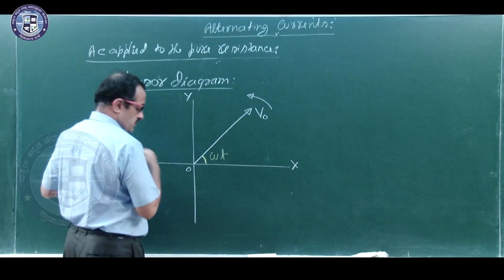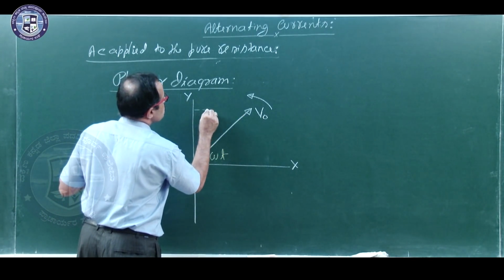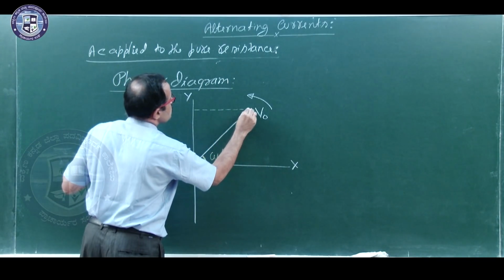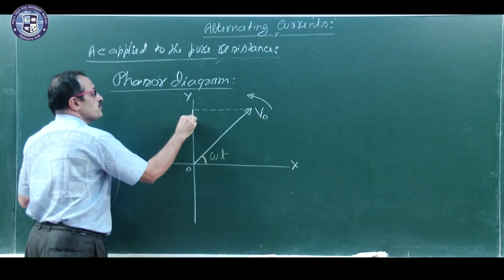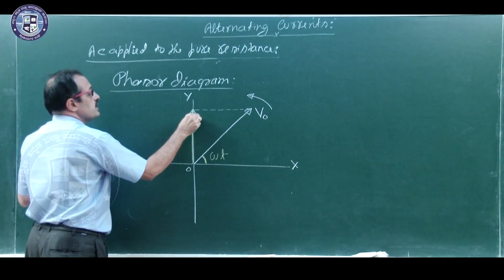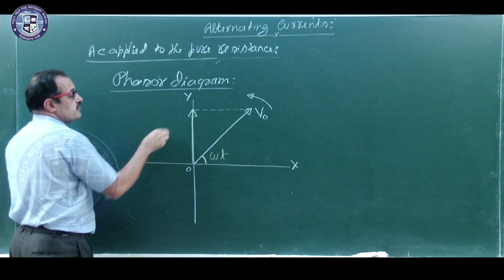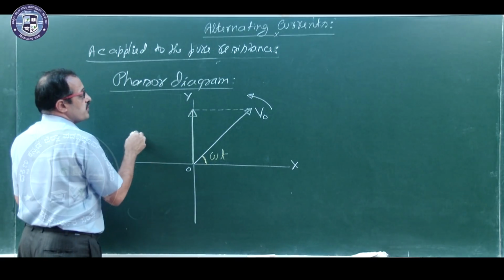And if you take the y component, it represents the instantaneous value. The y component of this represents the instantaneous value. See, the angle is omega t. Therefore, what is the component here?